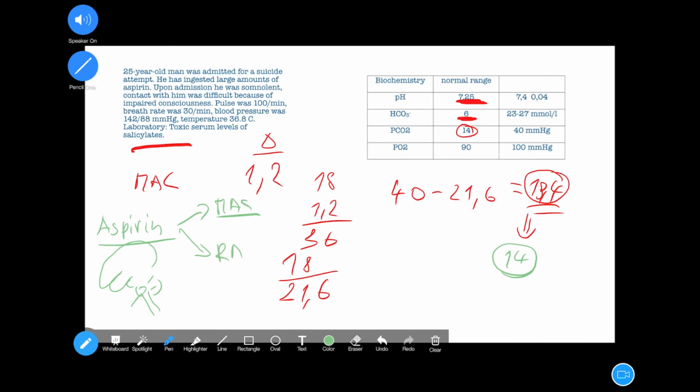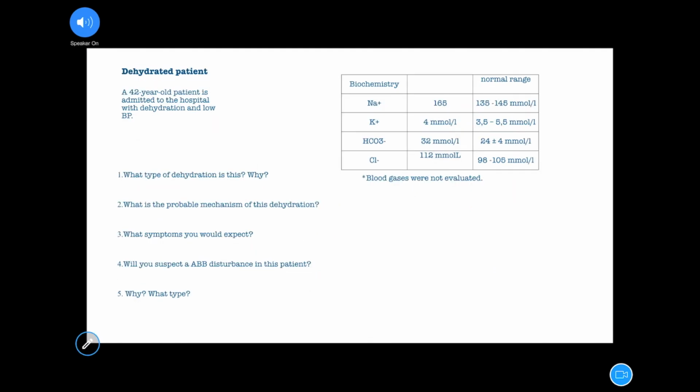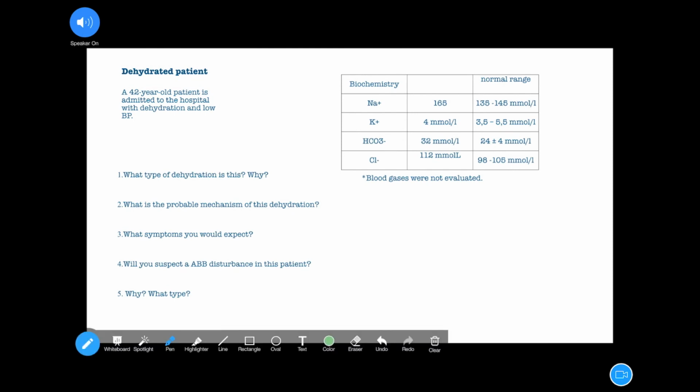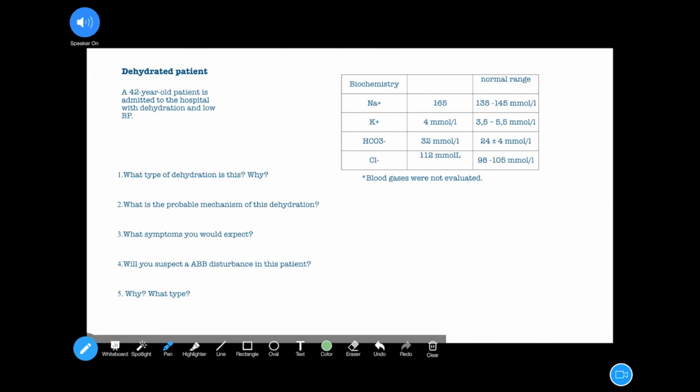So it's a beautiful example and combination of metabolic acidosis and respiratory alkalosis. Okay, good. And over here we have a very beautiful case about a patient that is dehydrated. Okay, so a 42-year-old patient is admitted to the hospital with dehydration and low blood pressure.